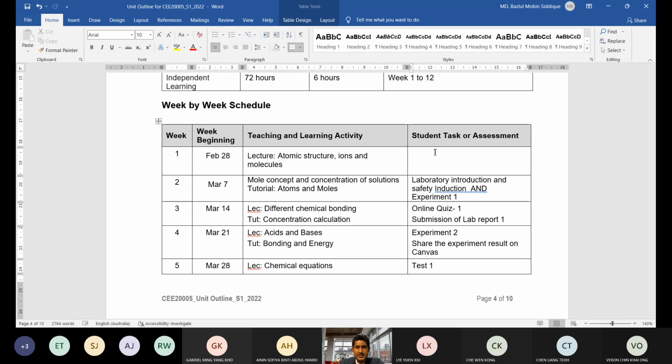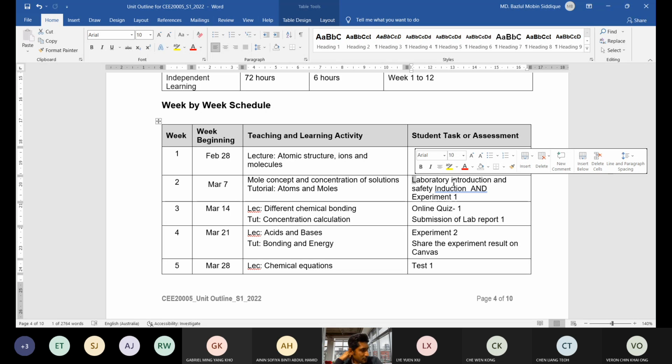The second week begins on March 7. In the second week, the laboratory safety induction will start: what should we do, what should we not do, all those things in the lab. Then we will do experiment one. Experiment one is quite simple. It is designed to bring students back to chemistry again.